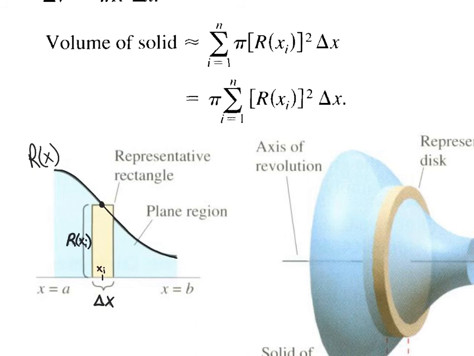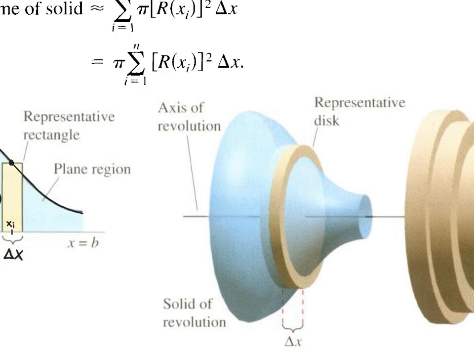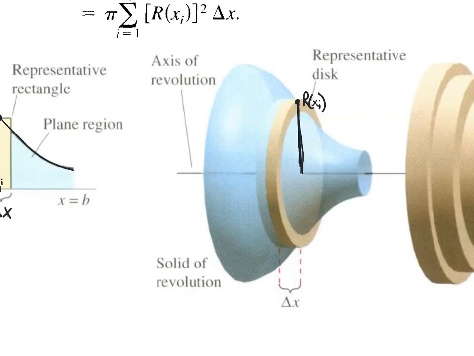If I were to form a disk with just that rectangle, like you see here, here's r of x sub i, and the width of this, you can see down here, is the delta x.